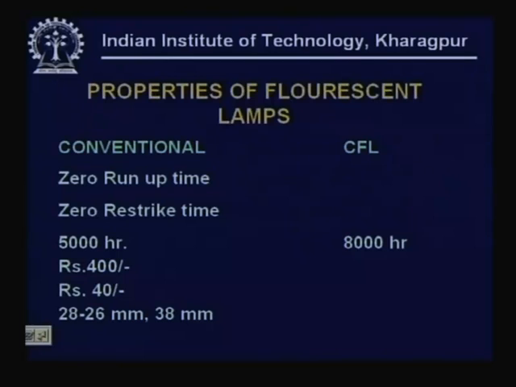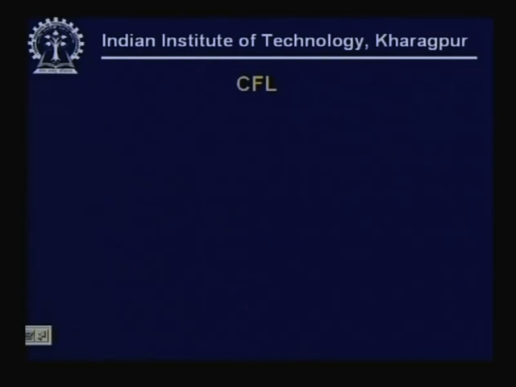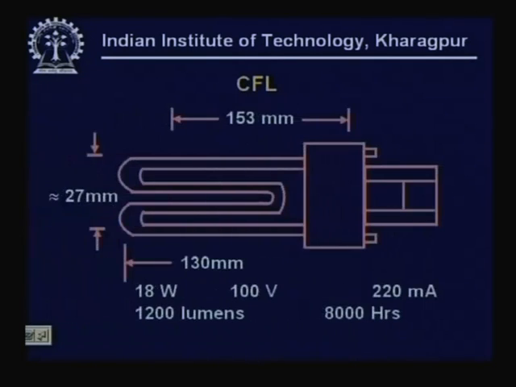And the most important advantage of a CFL is it can go into the traditional incandescent lamp outlet, which we call a bulb holder, the same thing. That is the beauty of that. Okay. There are some units available much cheaper also, but reasonably good CFLs are available around 150 rupees.